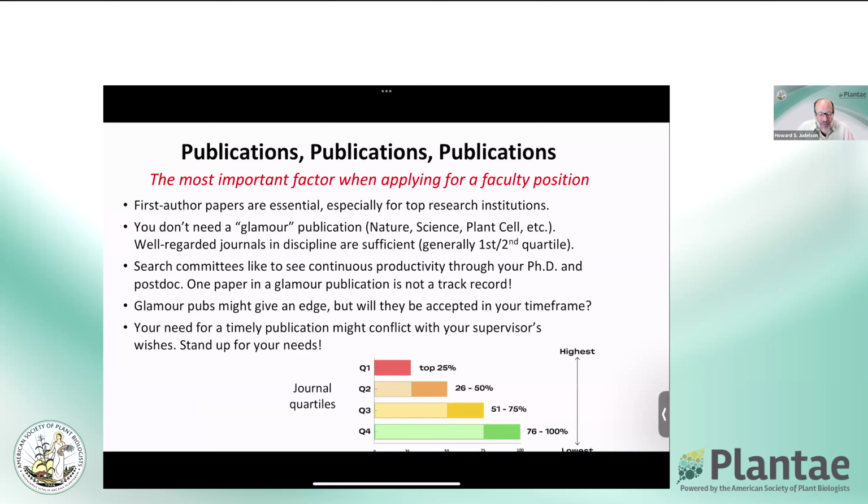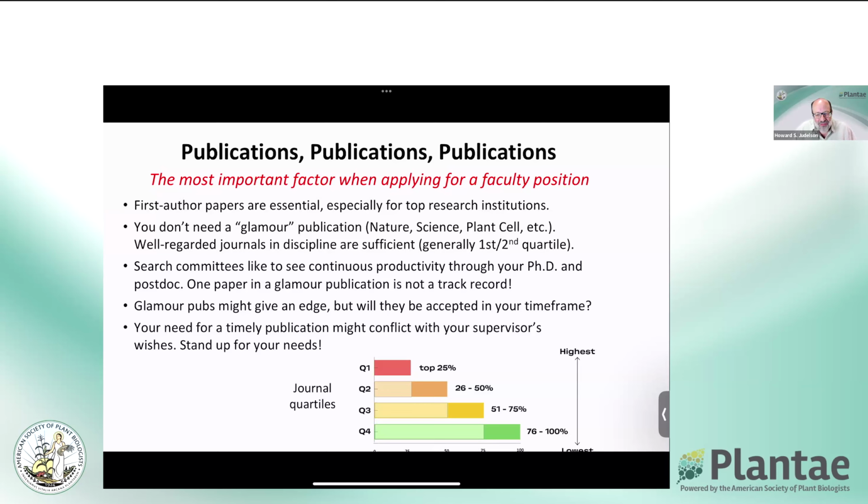Co-authored papers are fine, but having first author papers are really essential, especially for those top research institutions. However, you don't need publications in what I'll call glamour journals like Nature or Science or Plant Cell.